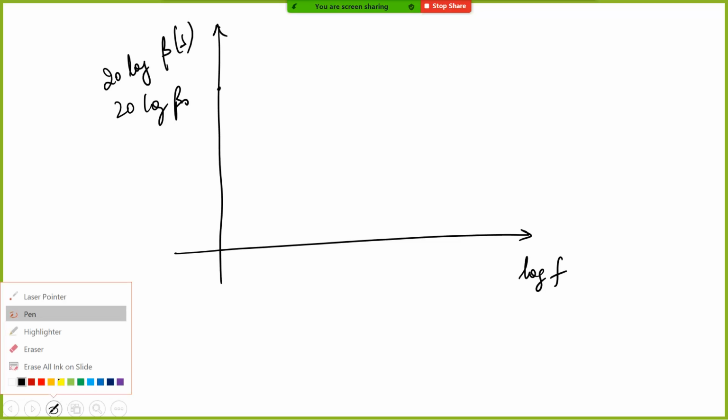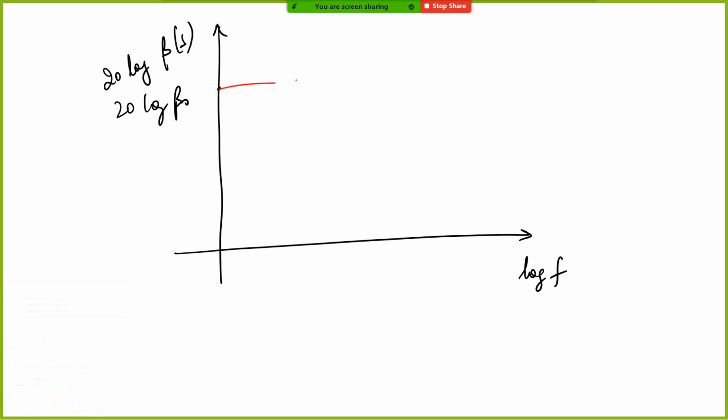You start here and then you go through this, and this point is what we call omega t, where it reaches the 0 dB line.